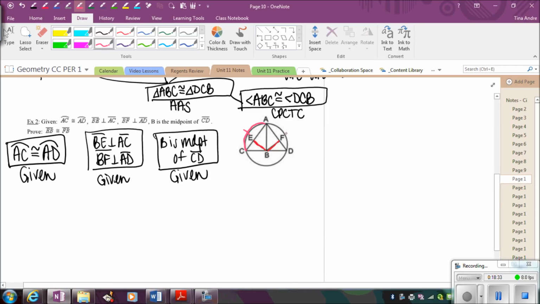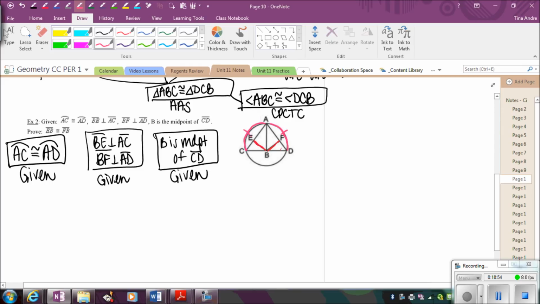So if we look at our information that they give us, that'll kind of lead us to which triangles we should use. So I have these two arcs that are congruent, which does mean that these entire chords are congruent, but then that's going to help us prove that the big triangles are congruent, and I don't really need to do that for this. I really want to focus on either these two small ones or triangle AEB and triangle AFB.